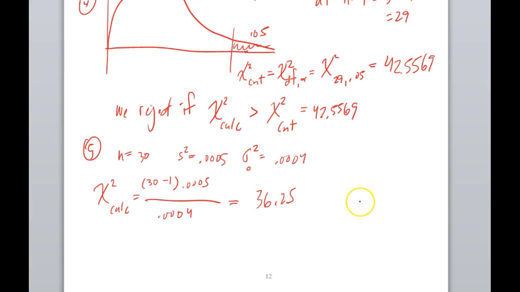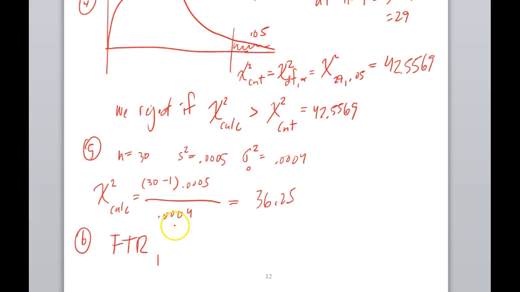So do we reject? The question is, do we reject? Okay, so we compare what we calculated in number 5 with what we established in number 4, and we look at that rule. It says we reject if chi-square calc is greater than chi-square crit. Is 36.25 greater than 42.5569? No. So we fail to reject, FTR. We never accept.